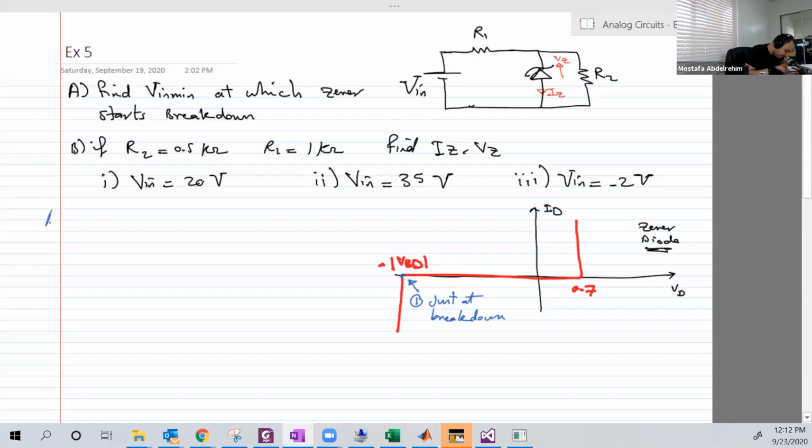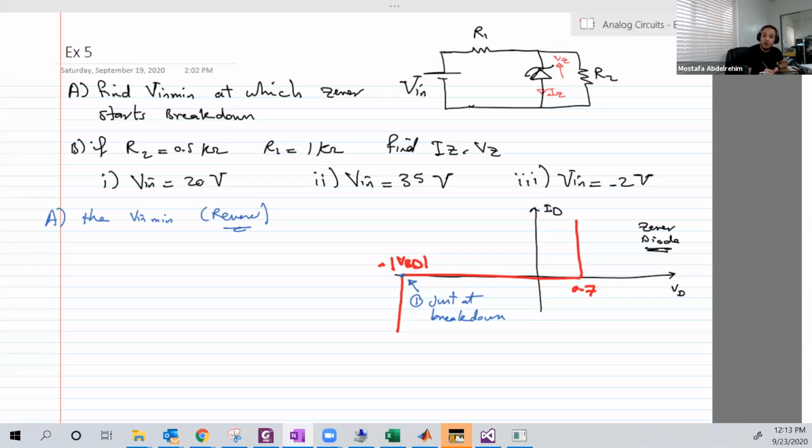So in A, the V input minimum, but in reverse, remember. We are talking now about the V input minimum that is connected in reverse to the Zener, and that will just turn the Zener into breakdown.